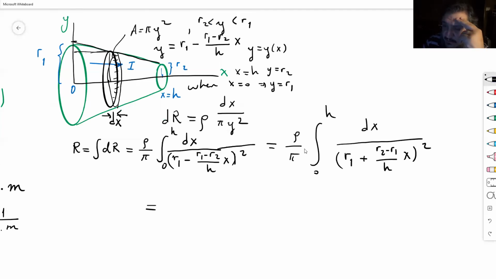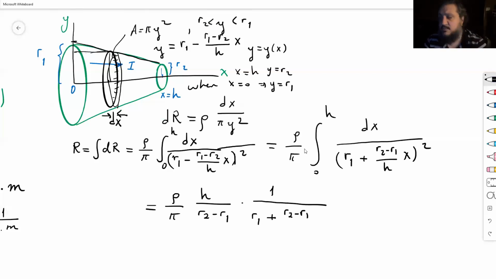Okay, so from the integral, I will have h divided by (R2 minus R1) times 1 over R1 plus (R2 minus R1) over h times x, right? And did I forget a negative sign? Yes, I did. A negative here. Let's put the negative right there, from 0 to h.